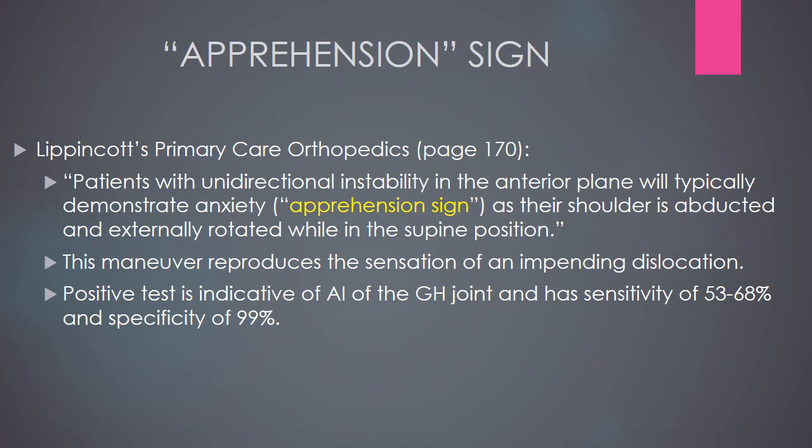Now, according to Lippincott's orthopedics textbook, patients with unidirectional instability will typically demonstrate anxiety. This anxiety is what we consider to represent the apprehension sign.